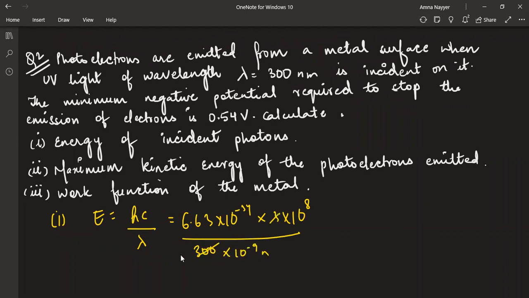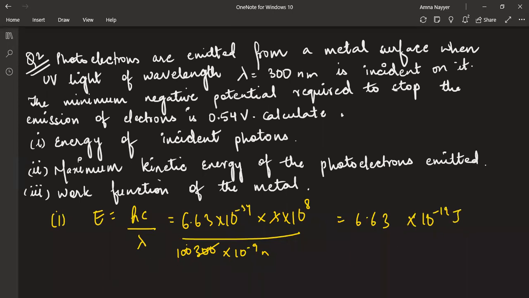From here, 3 and 300 becomes 100 only, right? So you have 6.63 here, and when you solve the powers of 10, this becomes minus 7, and with 8 it is minus 19. So 10 to the power minus 19 joules.